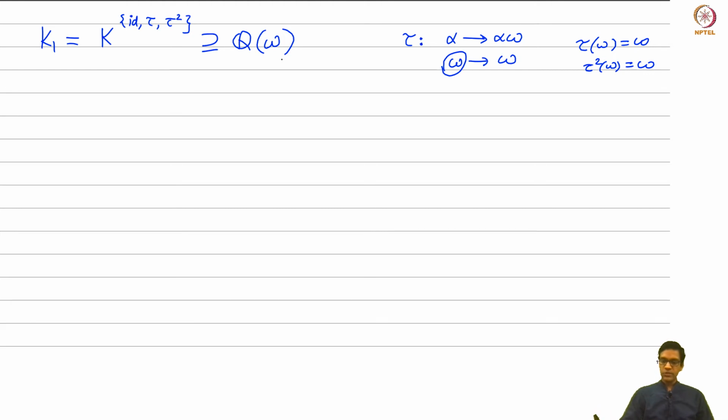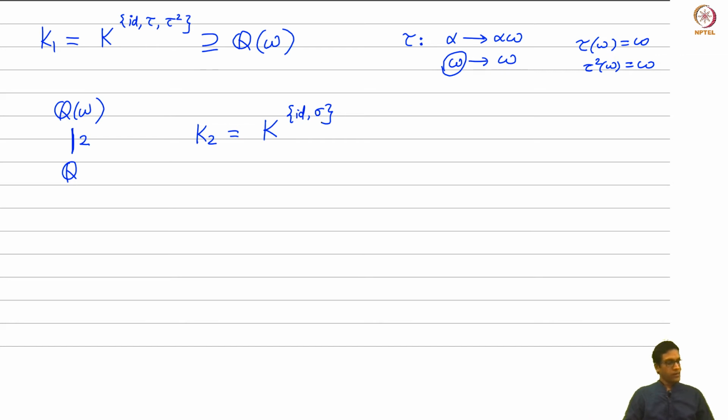Now what is Q omega? What's the degree of Q omega over Q? Recall we have already said this: omega satisfies a degree 2 polynomial over Q, so this is just a degree 2 extension. We'll soon see that it's actually equality there. Let's move on to the other one. What is K2? K2 is the fixed field of identity with sigma.